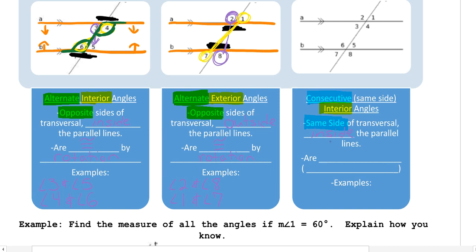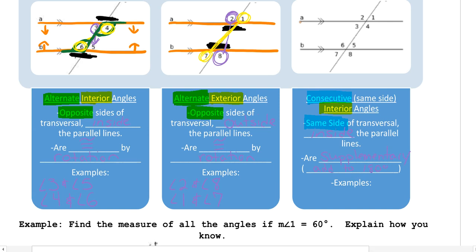Okay? And now these angles are going to be a little different because they're not going to be congruent. They are going to be supplementary, which means that they are going to add to 180 degrees.